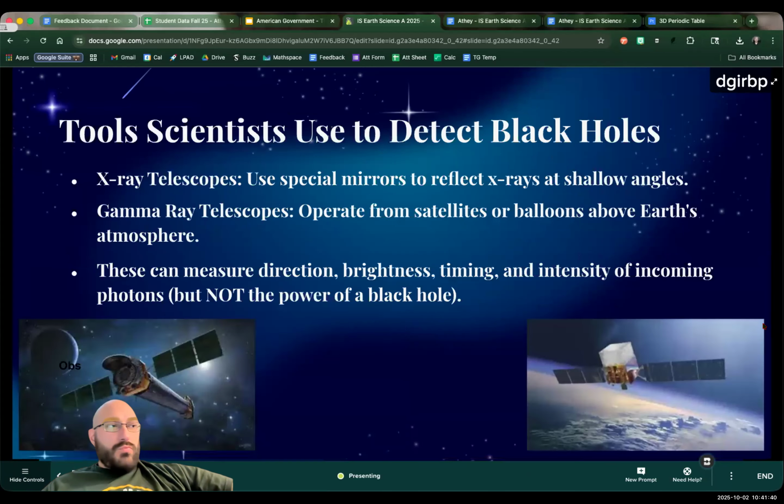So, things we use: X-ray telescopes, gamma ray telescopes. Again, X-rays and gamma rays are both types of light. We look at gravitational pull. How are things out in space moving? If they're moving in a way that seems kind of weird, we've got to figure out why.